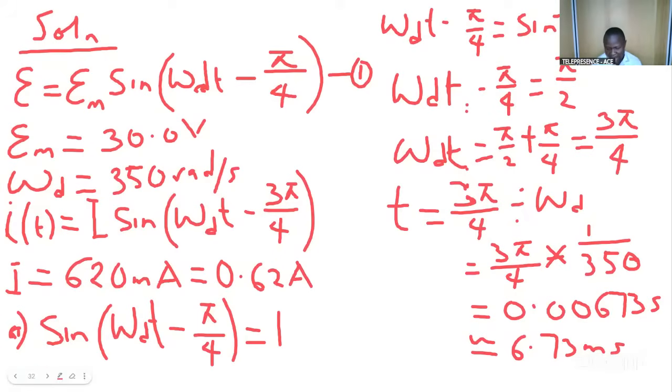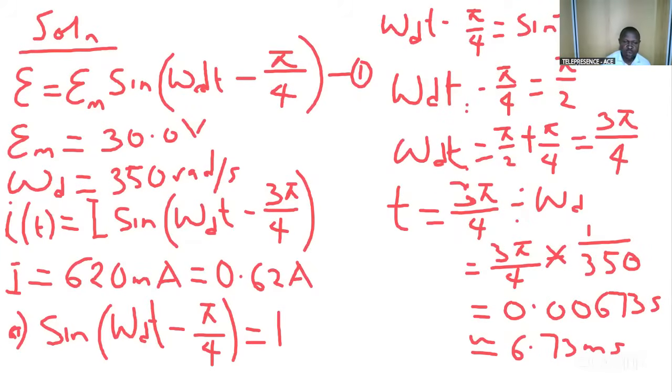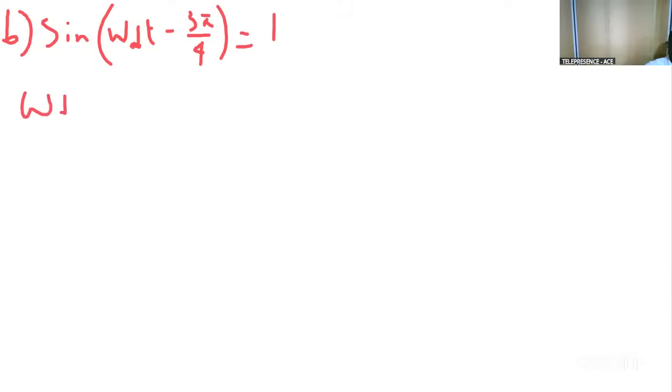Now for the B part, we are asked to find the time that the current is maximum. So we use the same method. The current is maximum when sine of omega d t minus 3 pi over 4 is equal to 1. So we have omega d t minus 3 pi over 4 is equal to pi over 2.